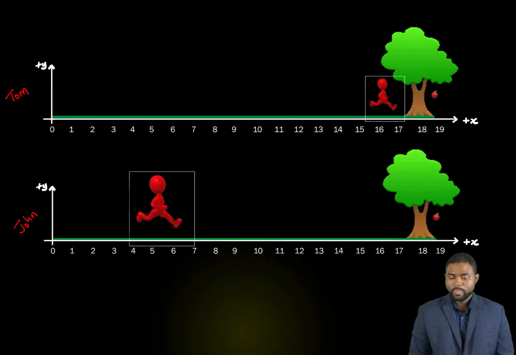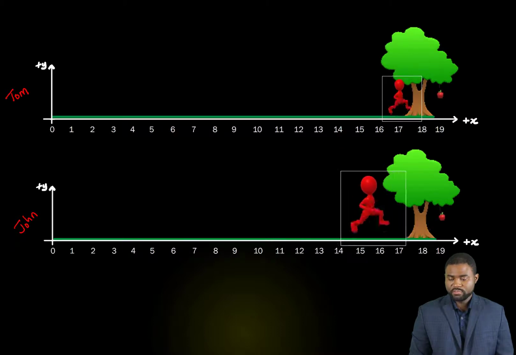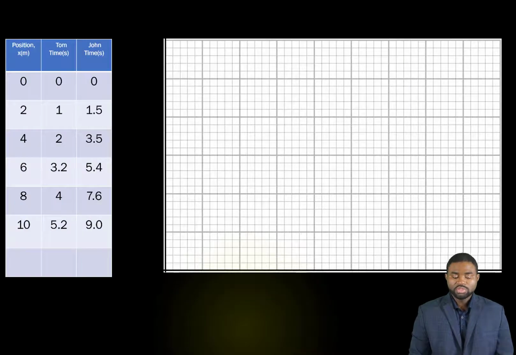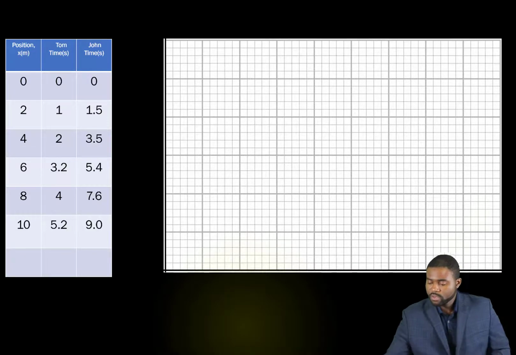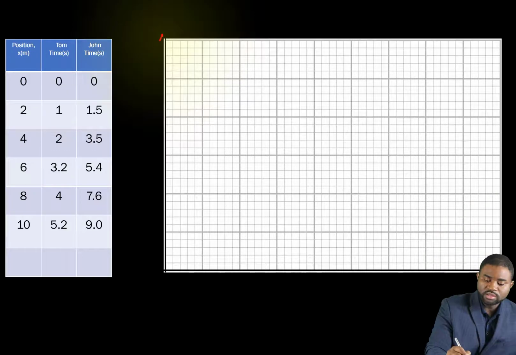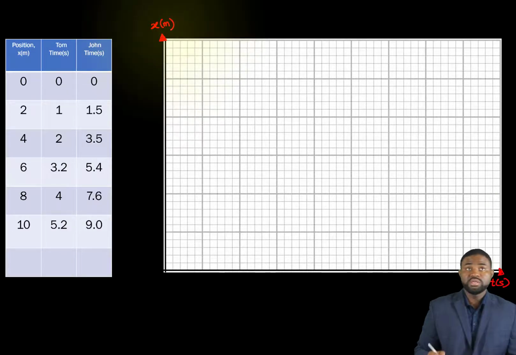Obviously, it takes John longer to complete the same distance compared to Tom. So if we represent the motion of John and Tom on a position versus time graph, how is it going to look like? This right here is the time axis measured in seconds, and this right here is the position axis measured in meters.